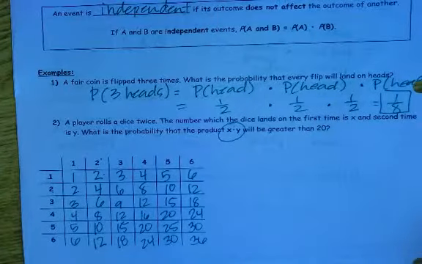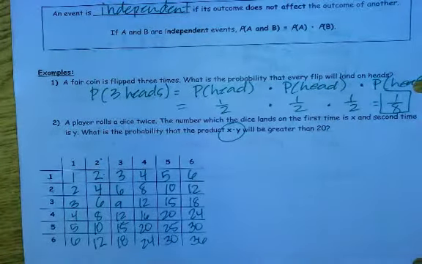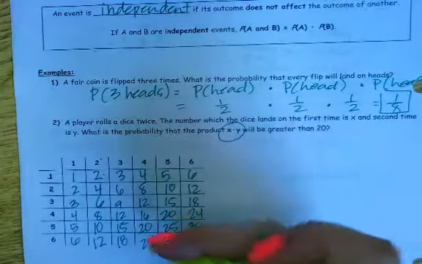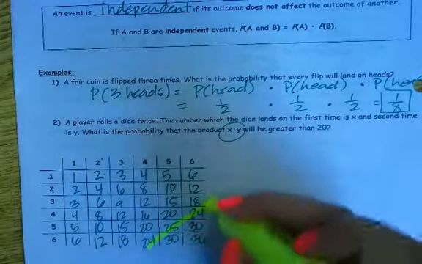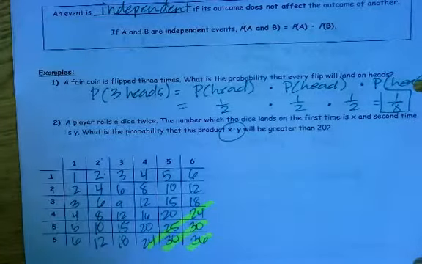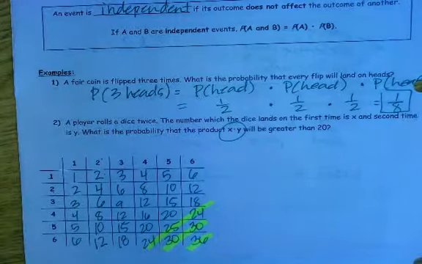And then when you're finished, highlight all the numbers that are greater than 20. If you don't have a highlighter, you can just circle them.